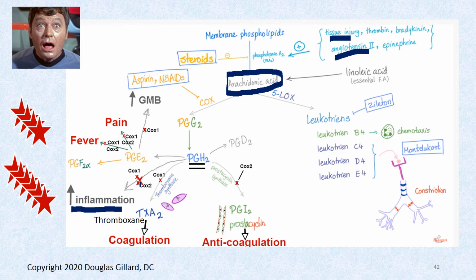Because why would you do that? Inflammation is good for a while, but not for a long, long time. And so it gets out of control. You need to shut it off with Cox-1. In fact, Cox-2 inhibitors, like Celebrex, do exactly the same thing. So that's great. Now, here's some maybe not so great stuff. Oh, well, this is great stuff.